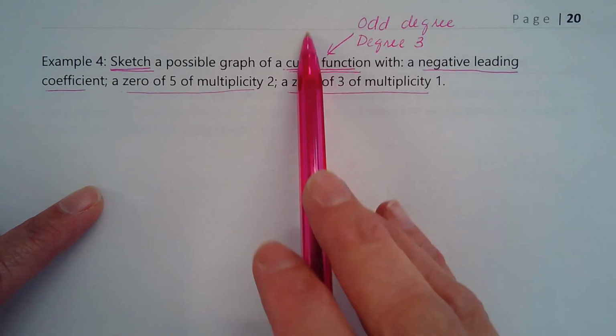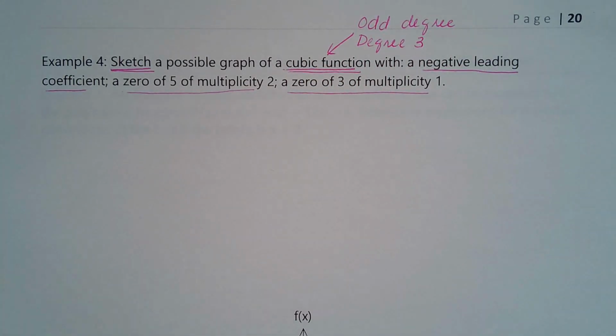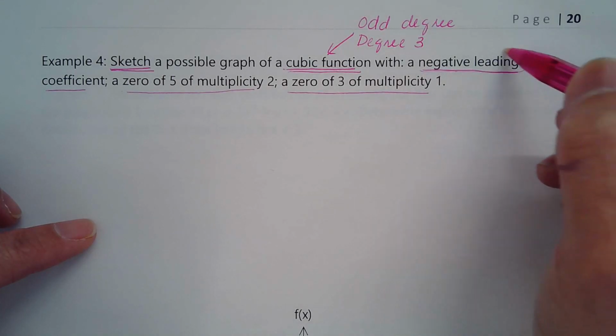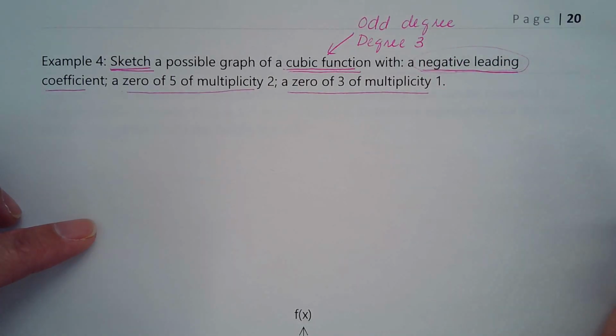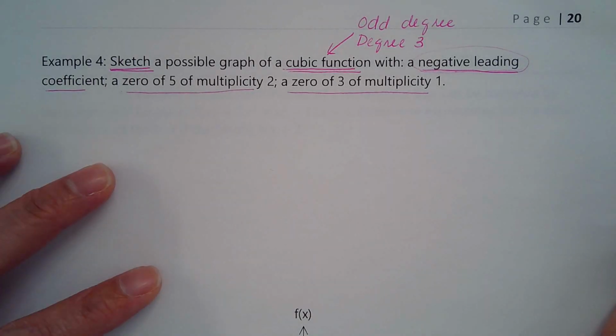Now with that in mind, because it's odd, you're probably already thinking, okay, it's an odd polynomial function, then that means one arm is going up, the other arm is going down. But then which arm is up, which arm is down? That's okay. So what's our next thing here? It says we have a negative leading coefficient. Okay, well that kind of answers our question, right?